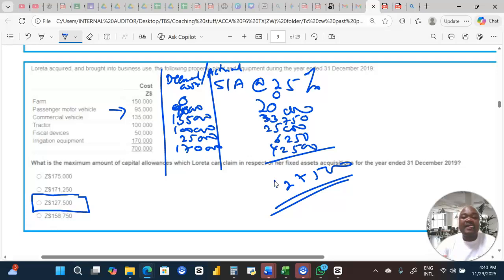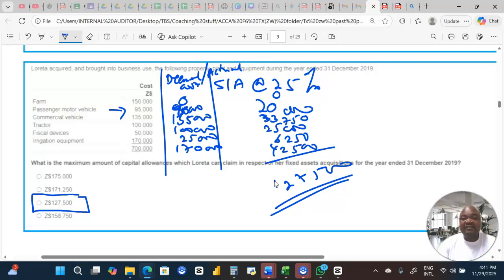But I have given a disclaimer already that on the passenger motor vehicle, we must use a deemed cost. But because of lack of information and update, please refer further on additional information, and I will update you as soon as I get the relevant update.